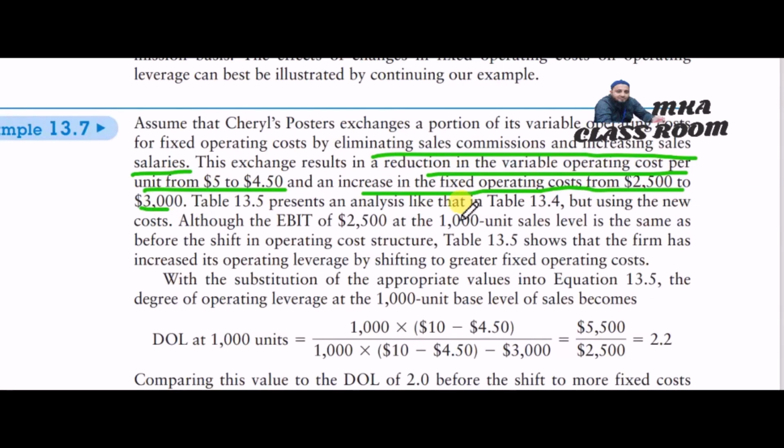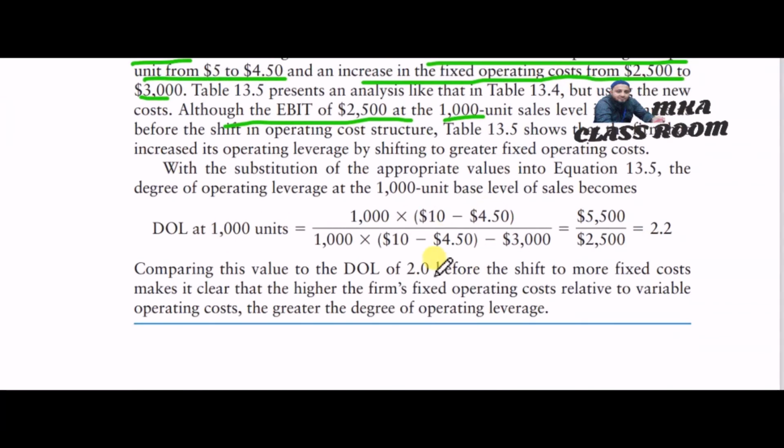Although EBIT at the 1,000 unit sales level is the same as before the shift in operating cost structure, here our sales are 1,000 units, our sales price per unit 10 taka, but our variable cost is reduced to 4.50 and our fixed operating cost is increased.